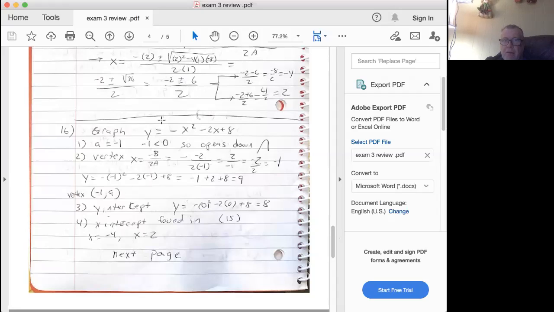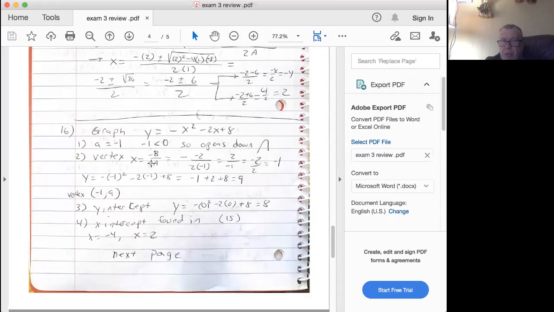Let's graph the original equation before we multiplied it by -1. So we're going to start with the -x squared minus 2x plus 8. Since a is negative, it's less than 0, so the graph will open down. Since this is in standard form, we have to use the formula to find the vertex.